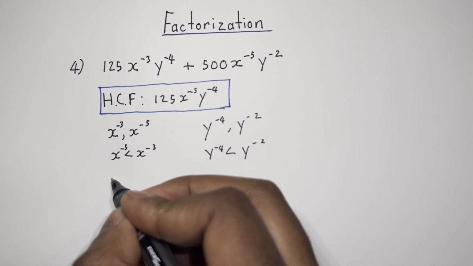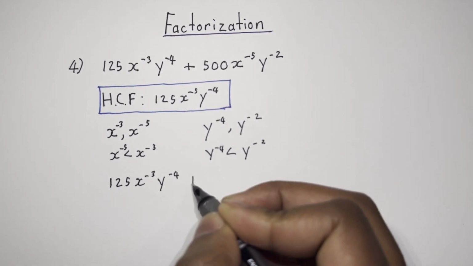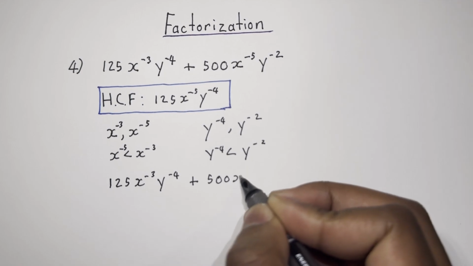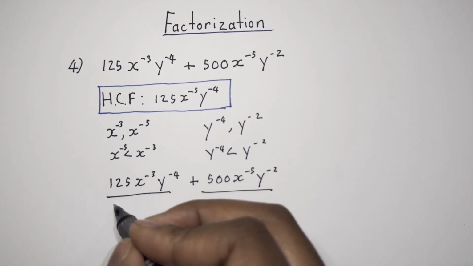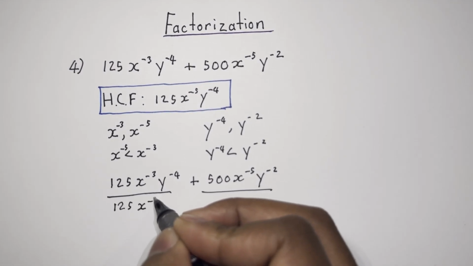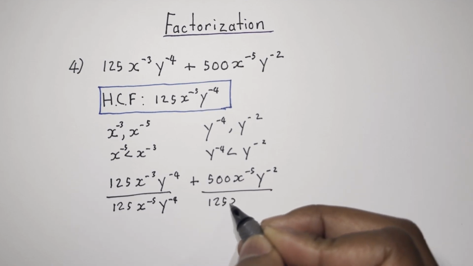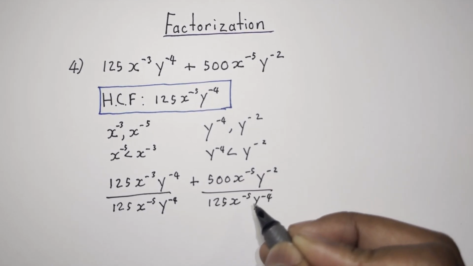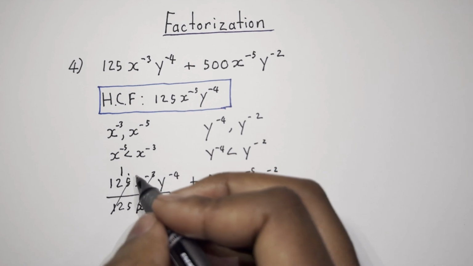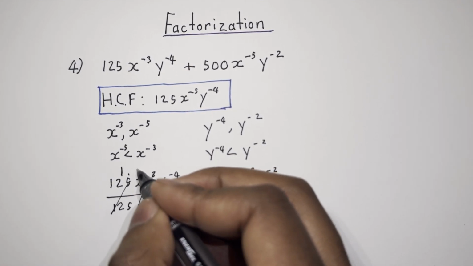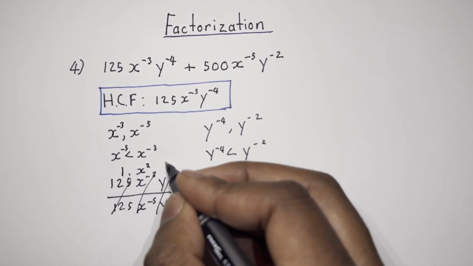Now we're going to factor our expression. 125 into 125 one time. x to the negative 5 into x to the negative 3 gives us x squared. This leaves us with 1.